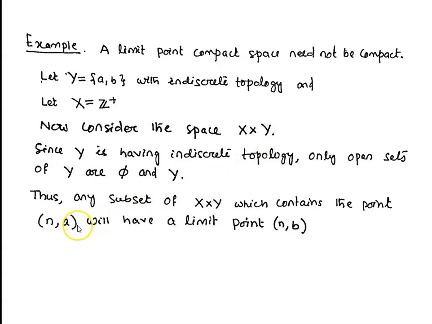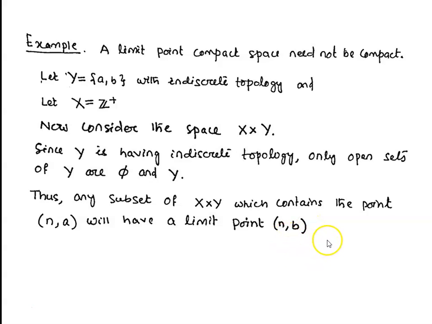Here we are saying that if the ordered pair NA belongs to a set, then NB will become a limit point of that set containing NA. Because any open set which contains the point NB will intersect the set which contains the point NA, because Y has the indiscrete topology.